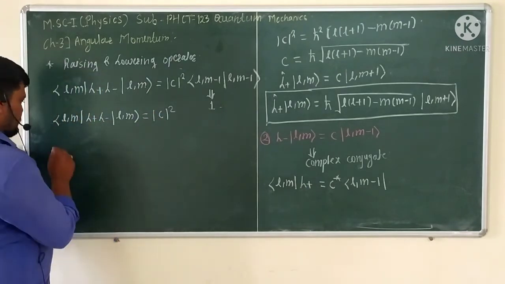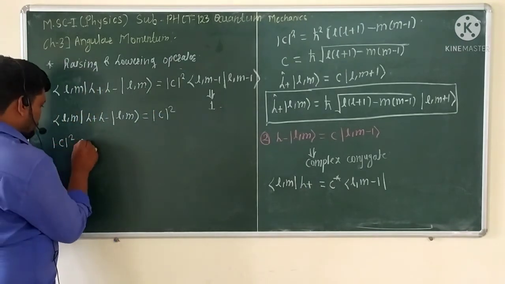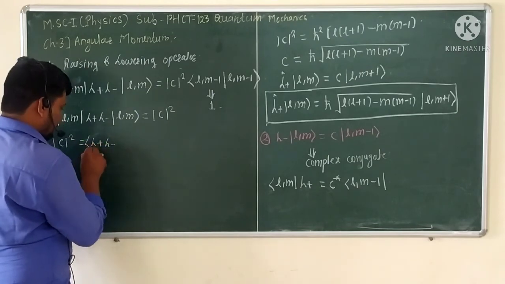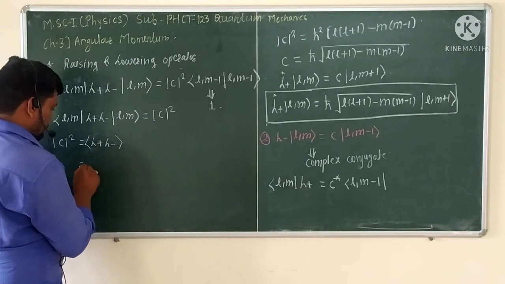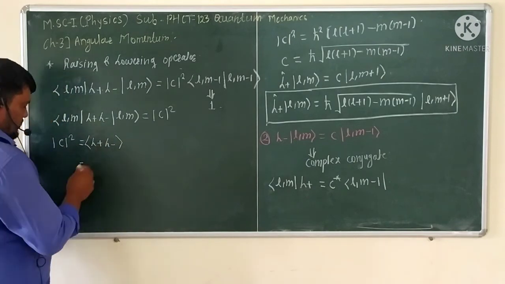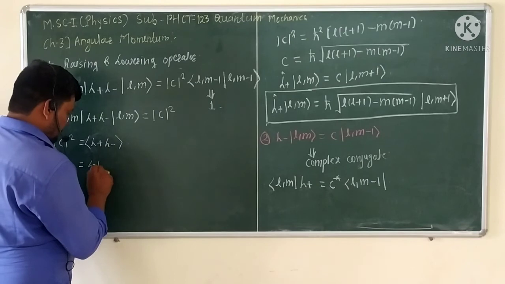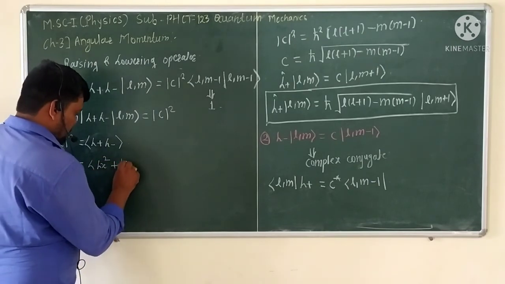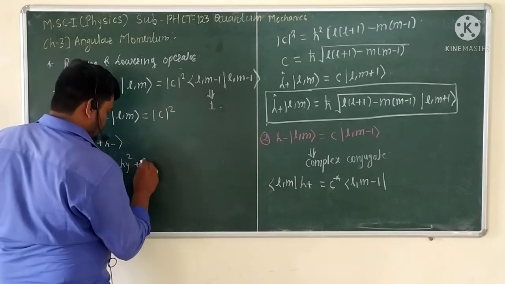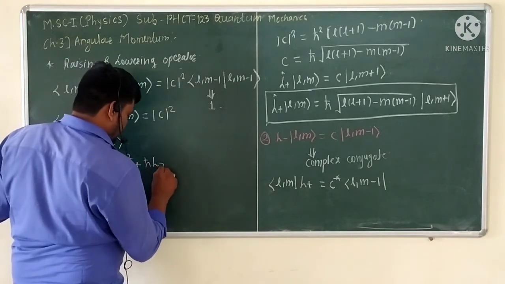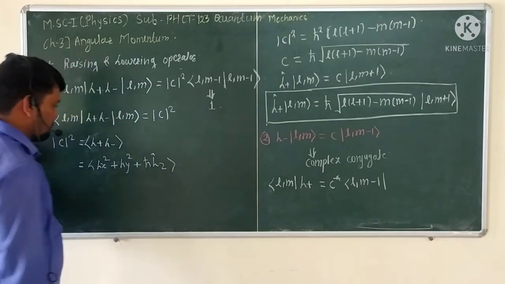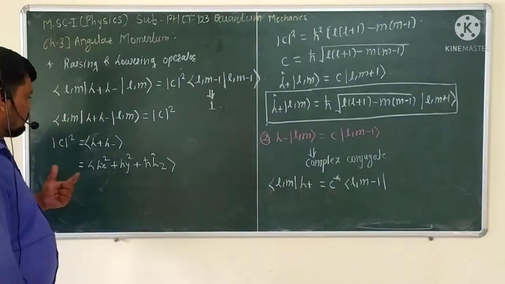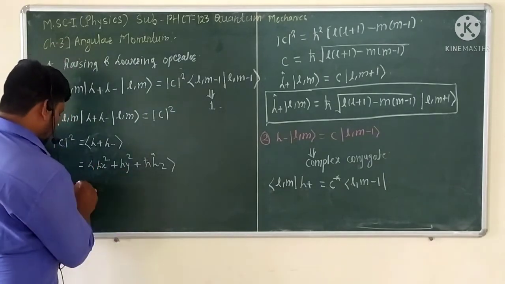So we want to solve this. What is this mod of C squared? It is nothing but the expectation value of L plus and L minus, which is the expectation value of Lx squared plus Ly squared plus h cross of Lz cap. If you solve this, it is the expectation of L squared minus Lz squared plus h cross of Lz cap.